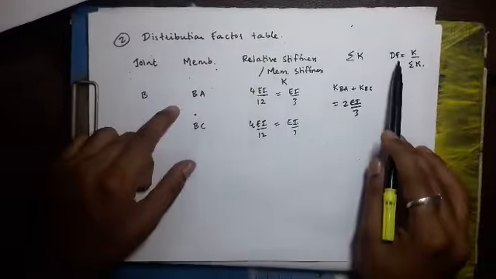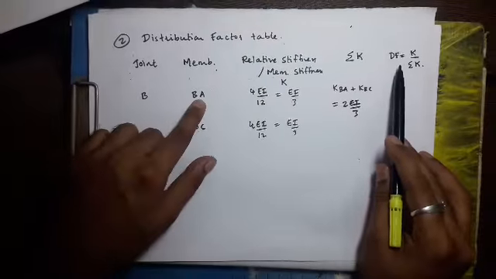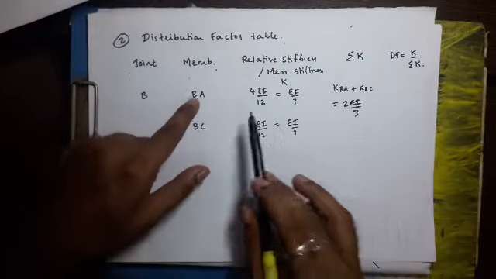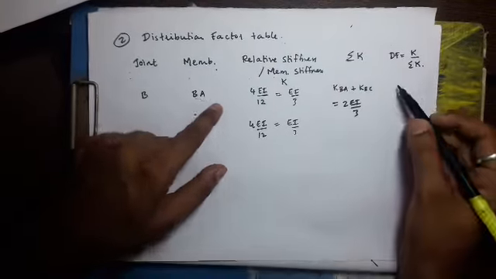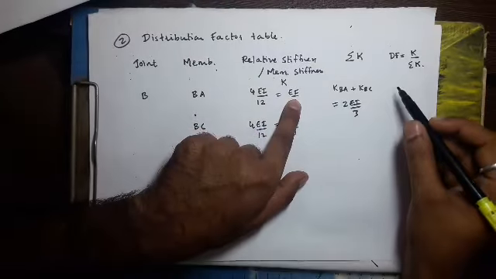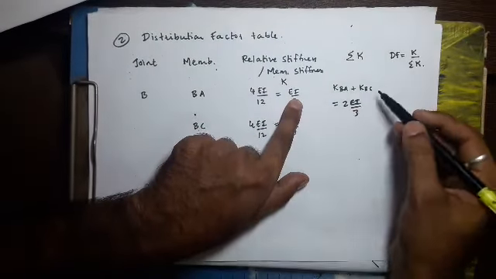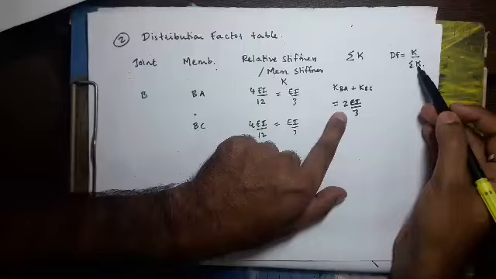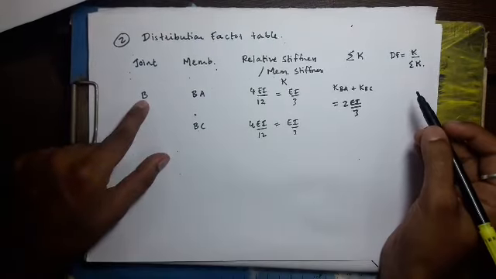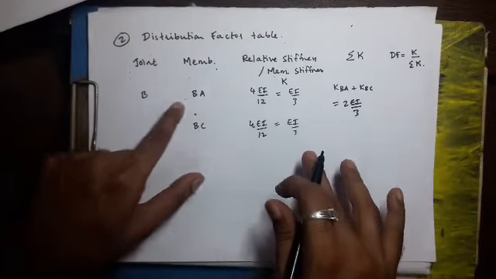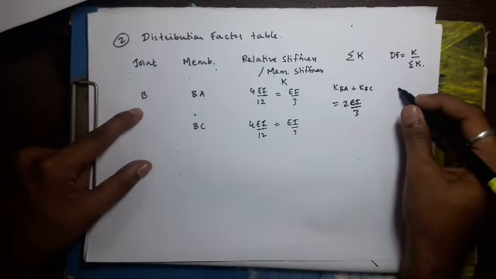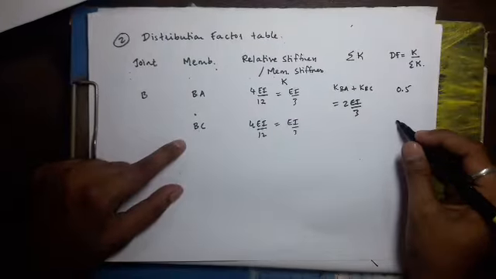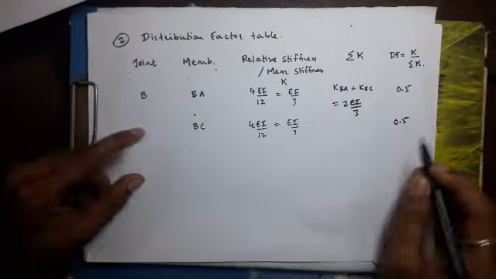Now find the distribution factor for BA and distribution factor for BC. Distribution factor of BA is member stiffness factor of BA, EI by 3, divided by joint stiffness factor of joint B, because BA is associated with joint B. So you will get 0.5. Similarly for BC, if you calculate, you will get 0.5.